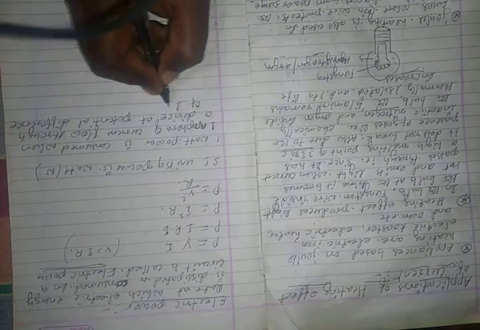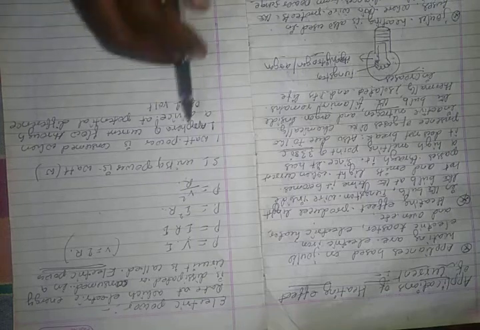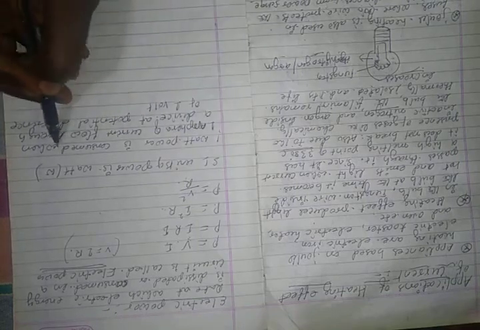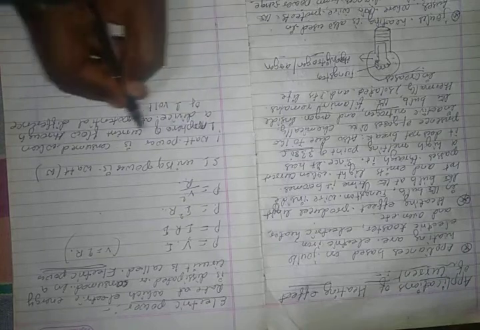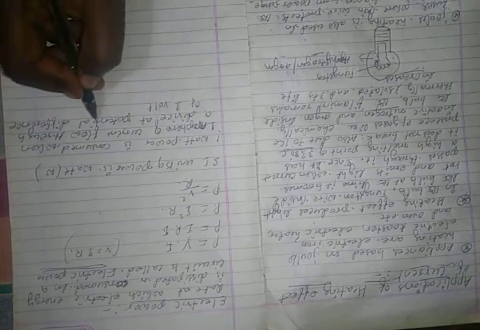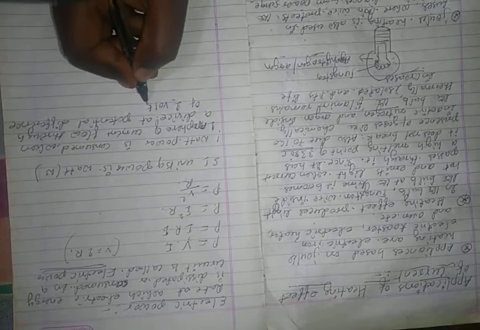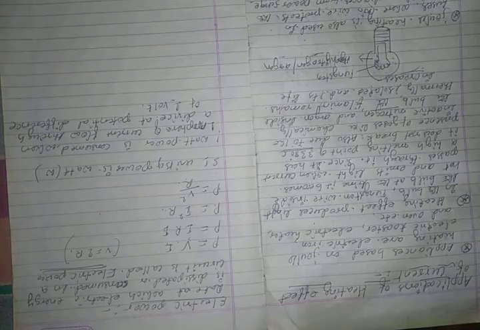Very important. 1 watt of power is consumed when 1 ampere of current flows through the device at a potential difference of 1 volt. So this is 1 watt of power.